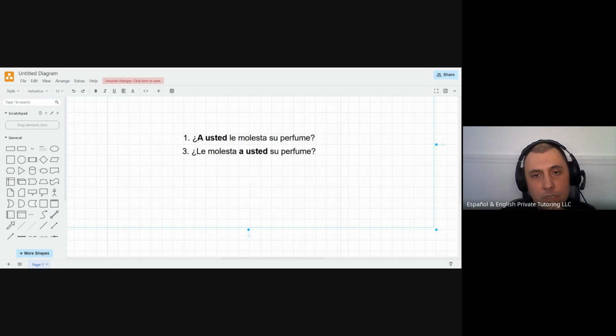So what is happening here is that instead of following the same structure as an affirmative sentence, you can take the indirect object and place it after the main verb. The main verb is to bother, okay? So I can place it here.